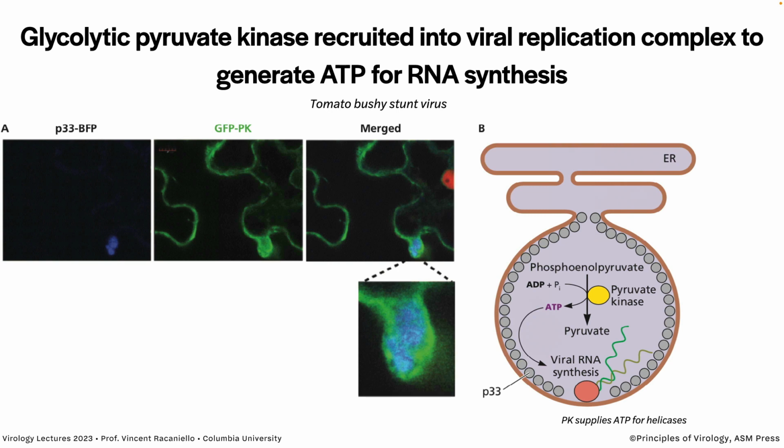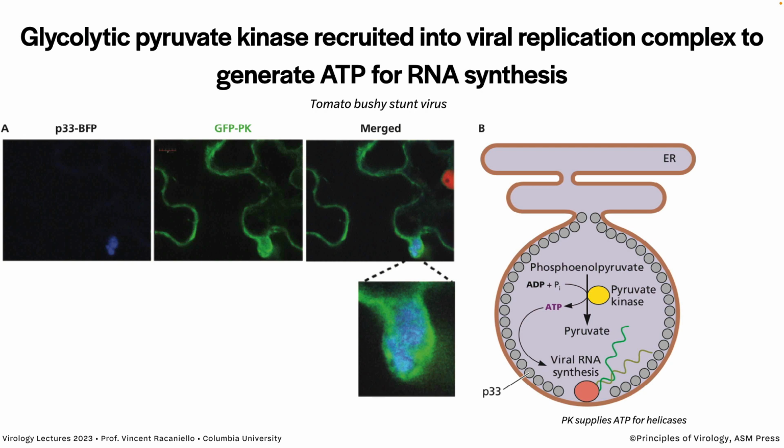And finally, one more example that I think illustrates the amazing effects of evolution. This is a plant virus called tomato bushy stunt virus, because those are the symptoms it induces in tomato, it makes them short.